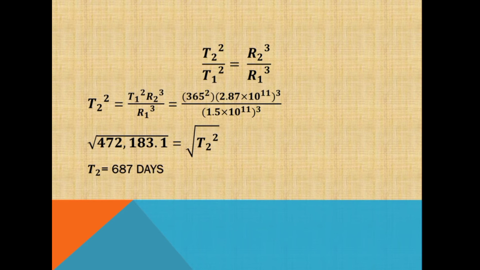Okay, so counting it, the answer will be 47,183.1. Since T is squared, we need to remove the square, so we take the square root of the other side as well. So what happens is our T2 is 687 days.